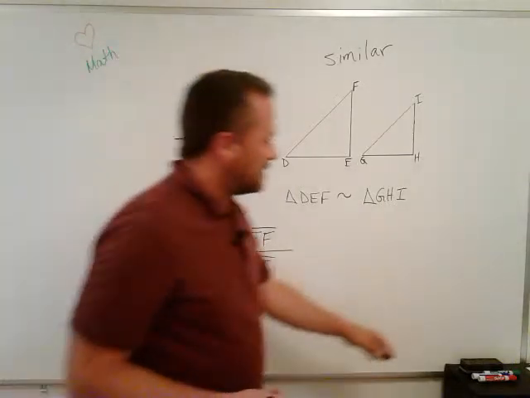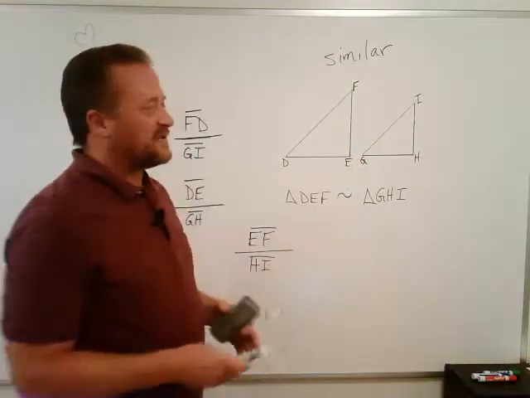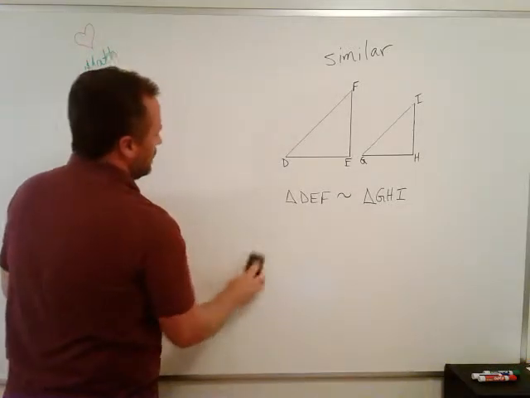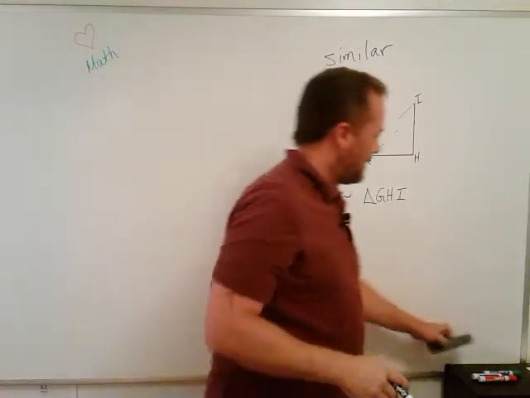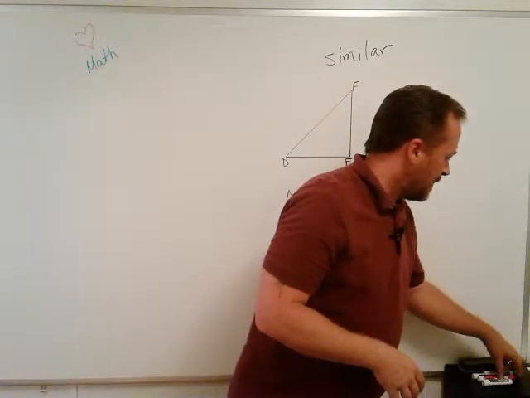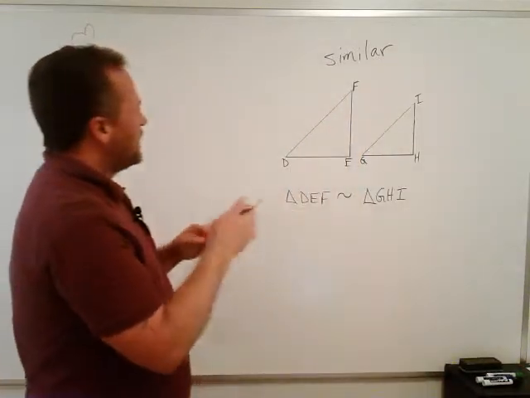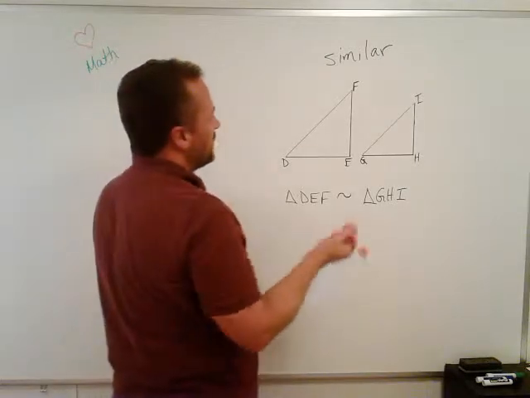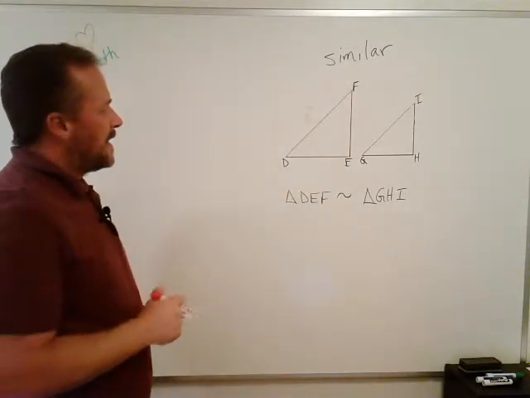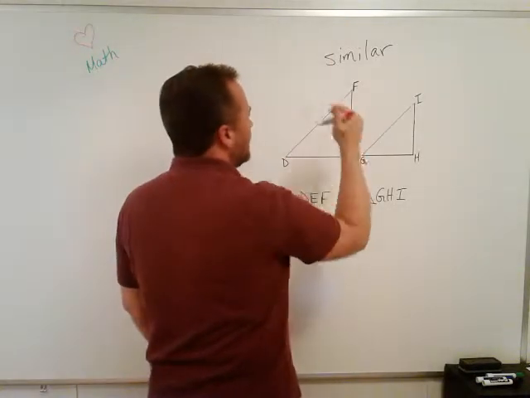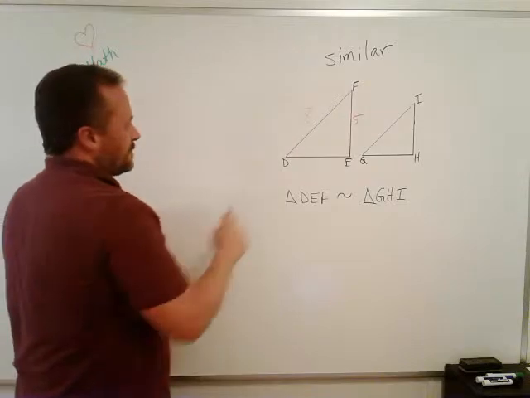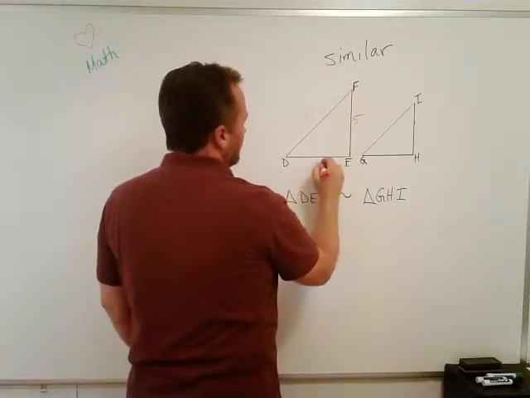Now I'm going to go ahead and give these things some measurements. Let's say that FD has a measurement of 8, and EF has a measurement of 5, and DE has a measurement of 4.